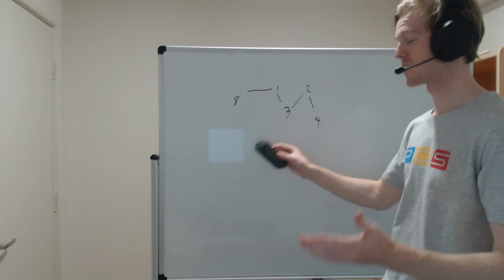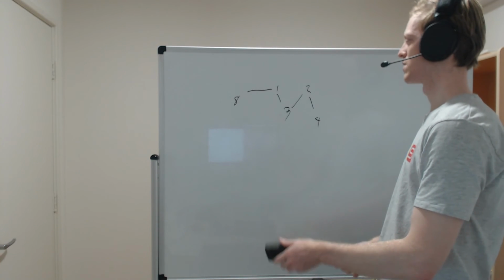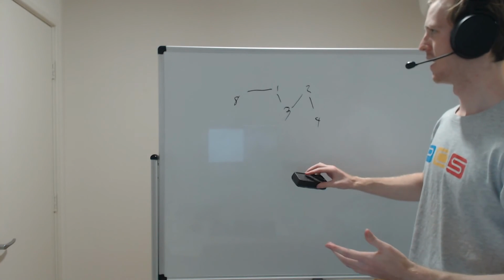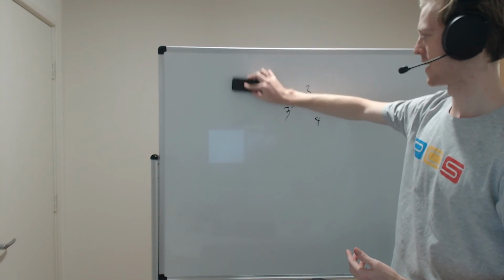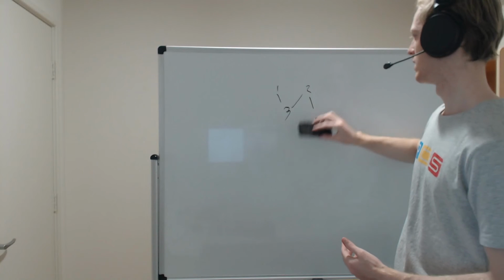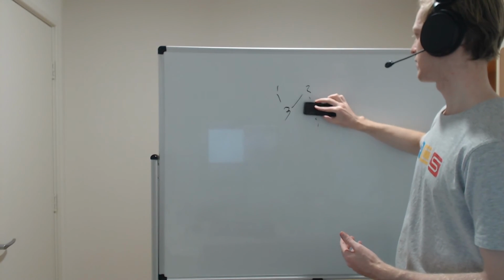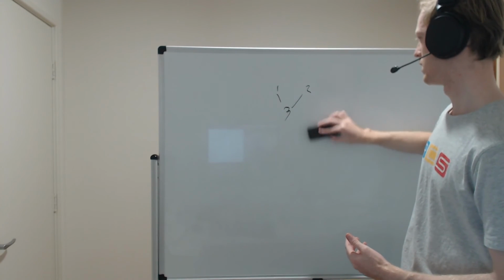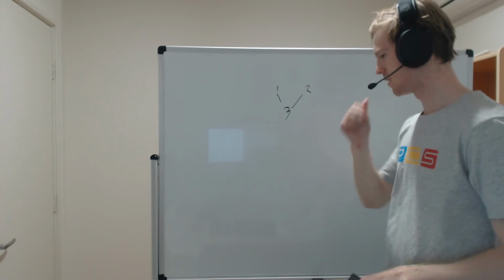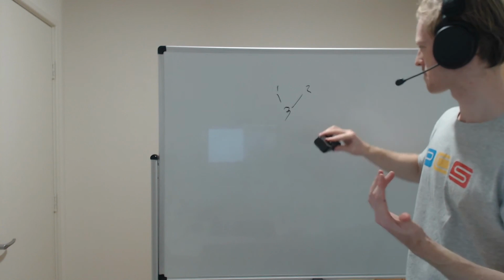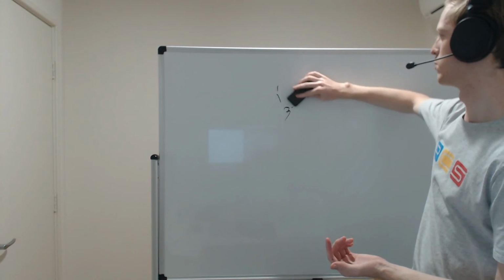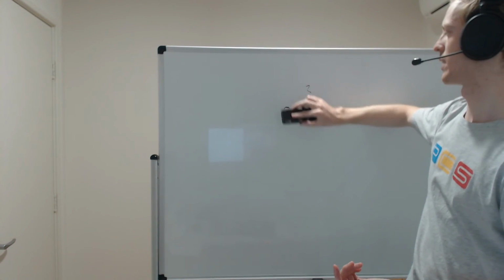So we'll again do a second pass to remove leaf nodes. In this case, 8 would be a leaf node. 4 would be a leaf node. And finally, in our last pass, we'd remove 1 and 2. Oh, sorry.